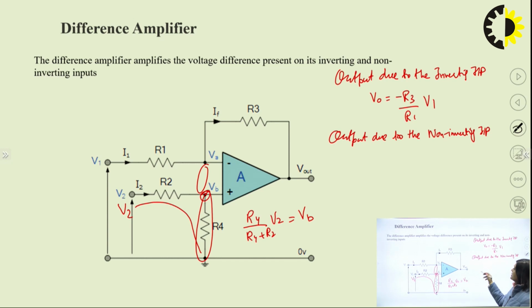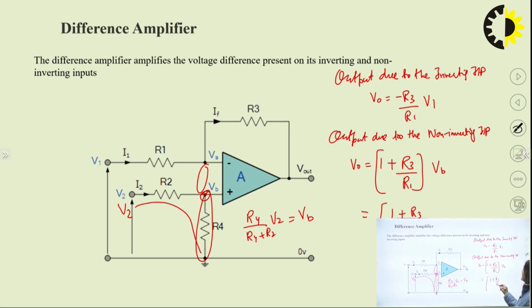So the output due to the non-inverting amplifier, V0, would be equal to 1 plus R3 upon R1 multiplied by VB, and for 1 plus R3 upon R1, the value of VB will be taken from this equation, and it would be equal to R4 upon R4 plus R2 multiplied by V2.